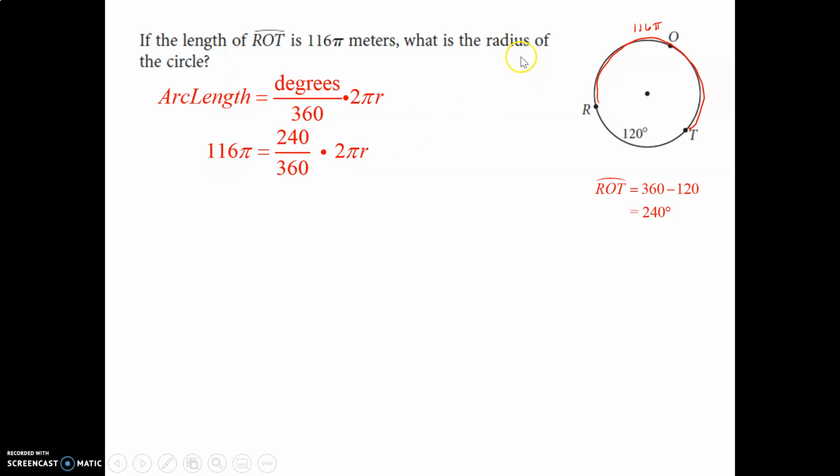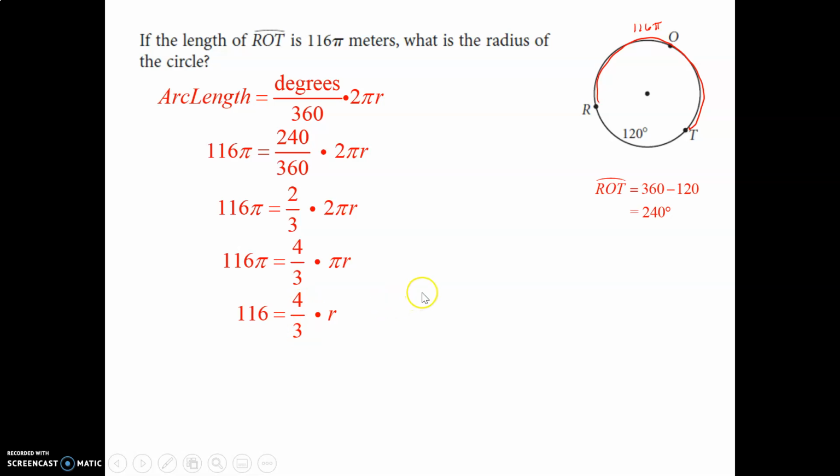What they don't tell me is anything about the radius. They want me to find that. So I leave 2 pi r. Now I do a little bit of arithmetic and algebra. 240 over 360 reduces down to 2/3. I multiply 2/3 times 2 over 1, and I get 4/3. They both have a pi, so I divide both sides by pi to get rid of pi.